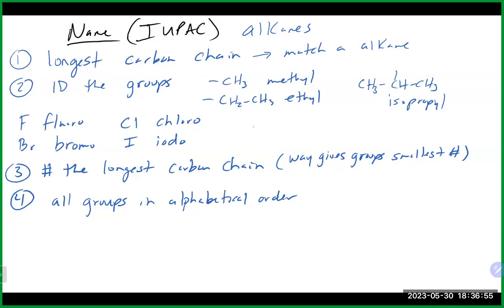Also, in terms of these groups, we sometimes will use prefixes if we have multiple of the same group in the compound. It doesn't necessarily have to be on the same carbon, but if you have multiple of the same group in the same compound, we use things like di for 2, tri for 3, tetra for 4.